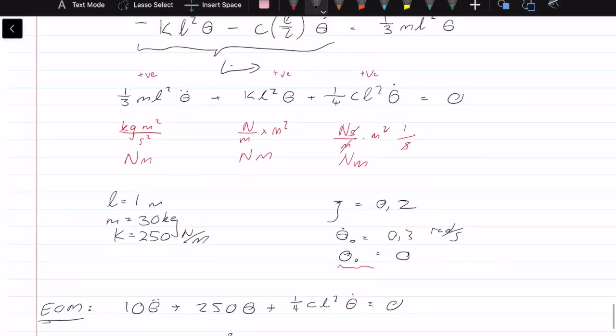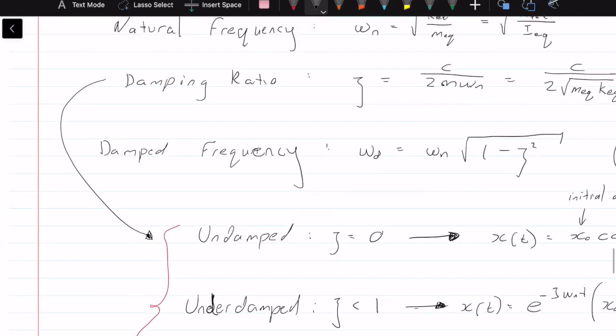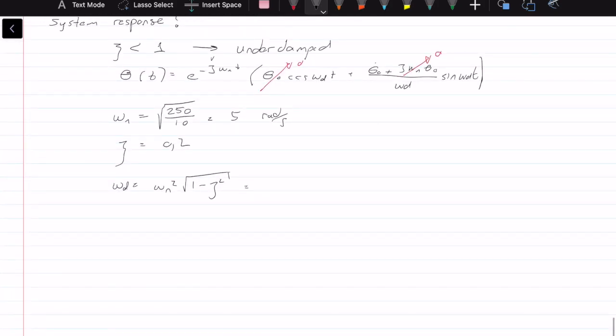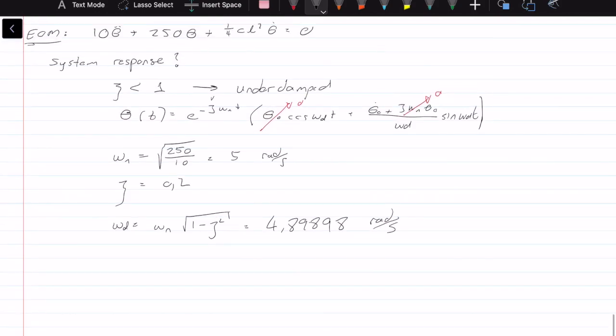It's not omega n squared but rather omega n, and we have a value of 4.89898 radians per second. Okay, so I'm going to leave it there.